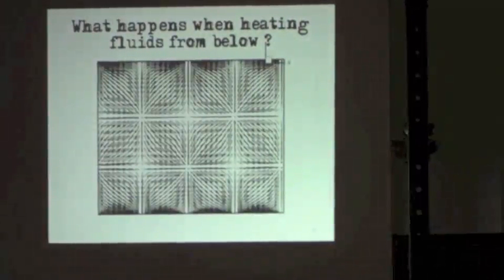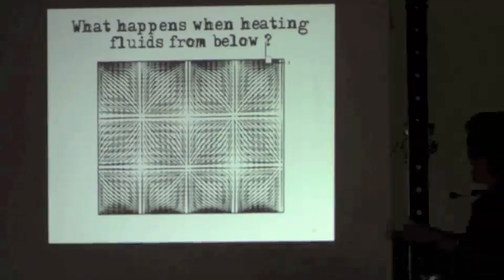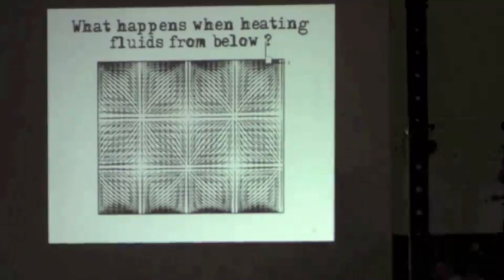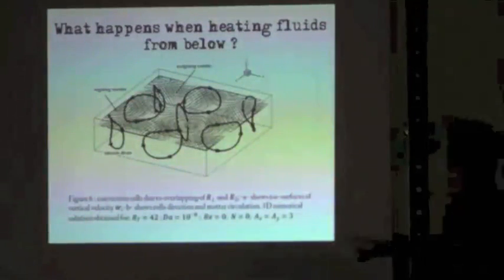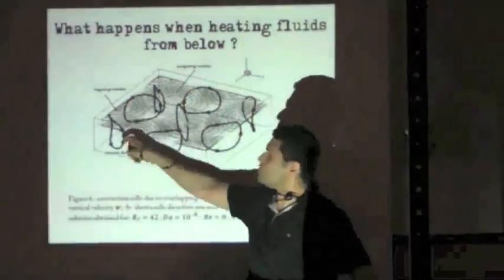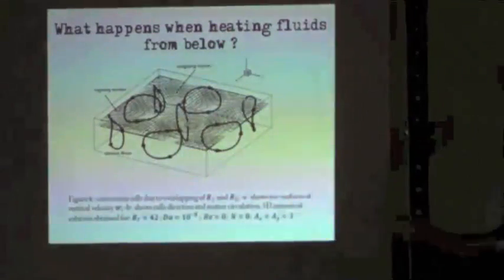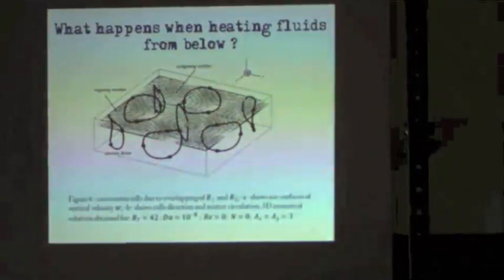Look, for example, at this top view. It's a very organized structure. We can almost write an exact equation of the results. We have sources of outgoing matter and sinks of ingoing matter. And we have oblique rolls of convection. This is natural convection.